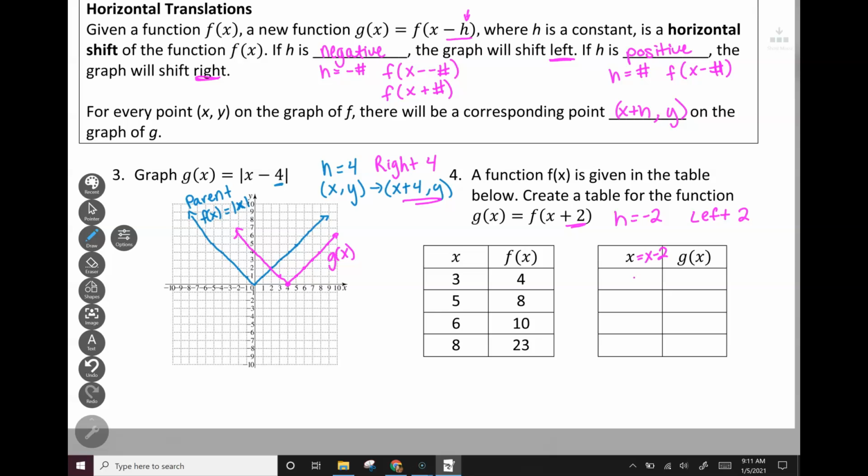Okay, so subtracting 2 from each of the original x values, and keeping your y values exactly the same. So those would be the new points on the graph of g of x, with the translation left 2.